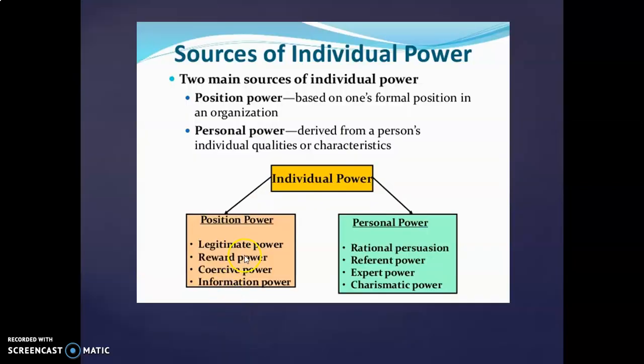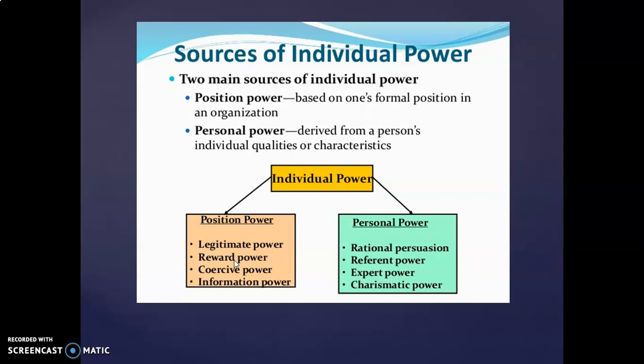Talking about them one by one. In position power, the first one is legitimate power, the power that I can exercise on my employees as a general manager of the company. Then reward power is that kind of power in which I can give the employees a temptation that if you do this work, you will be rewarded. So obviously they start working.